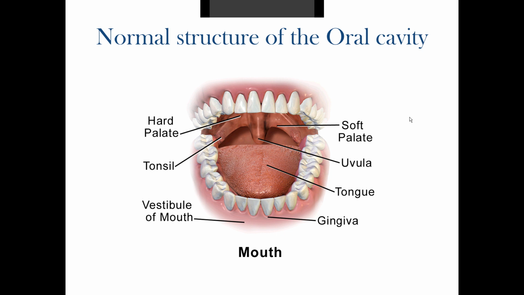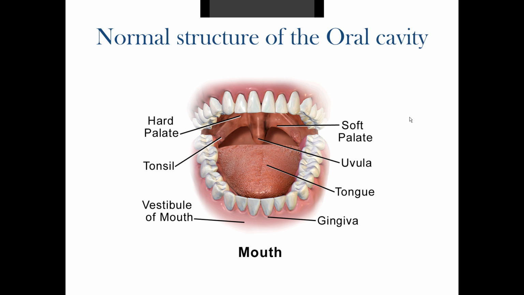Hard palate is the front portion of the palate, which is formed by the process of the maxilla or the upper jaw. Mucosa is a mucous membrane which lines the oral cavity. Soft palate is the posterior portion of the palate. This is non-bony and is comprised of soft tissue.